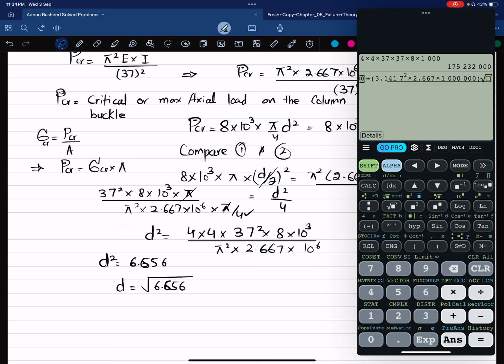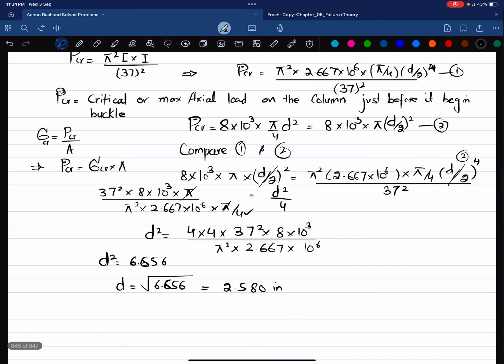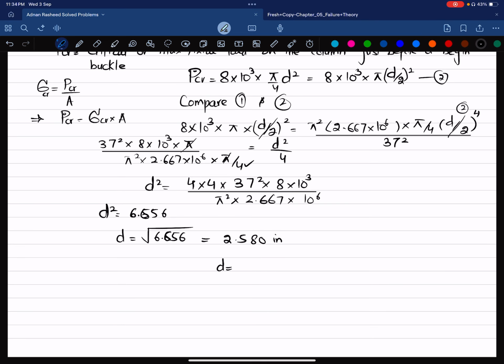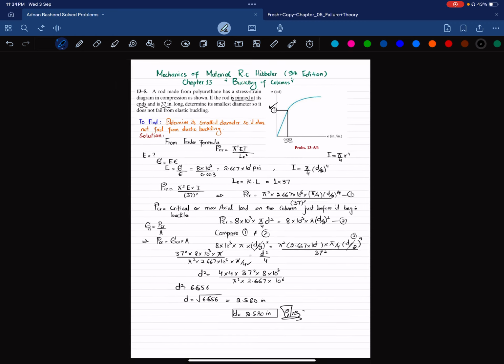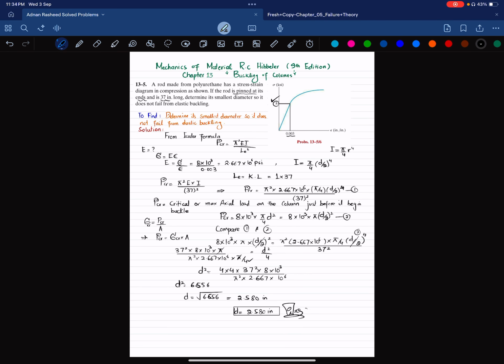Taking the square root will give you 2.580 inch. So d is equal to 2.580 inch, which is the answer to this question: this diameter of polyurethane is required for bearing this 8 ksi critical stress so that it will not fail from elastic buckling. And that was all about problem 13-5.